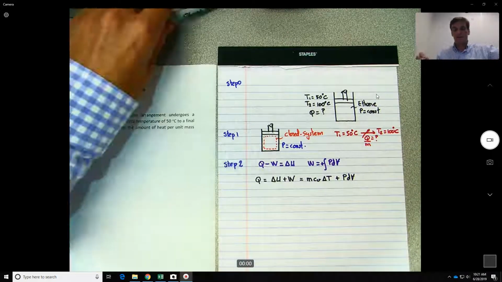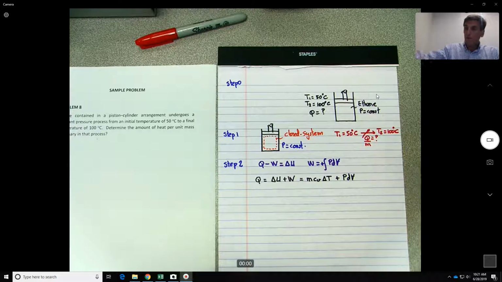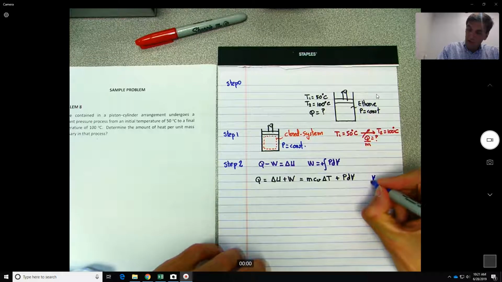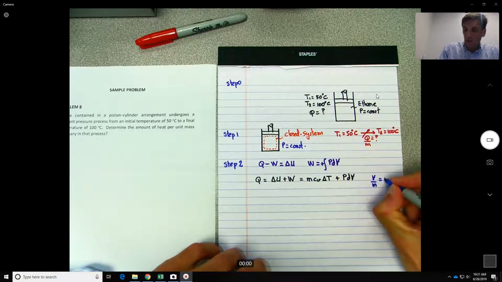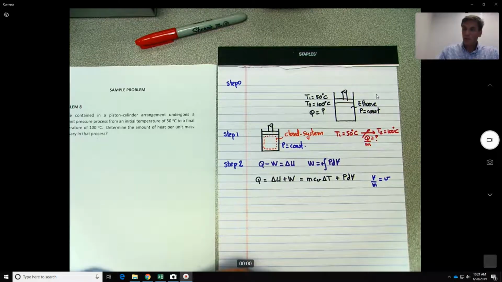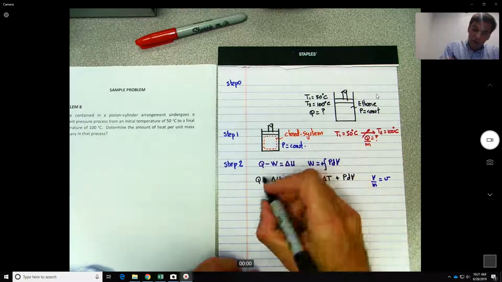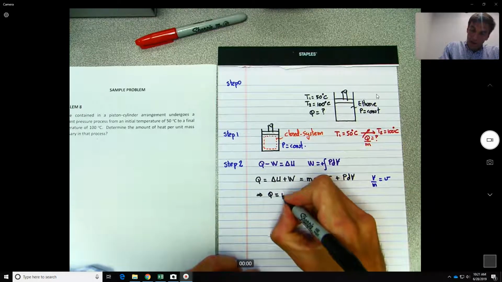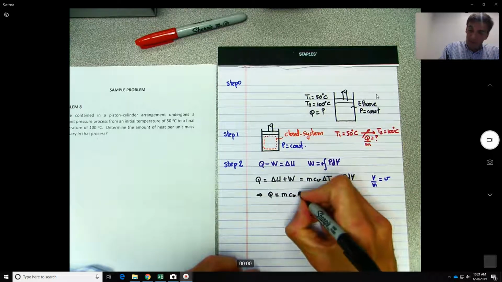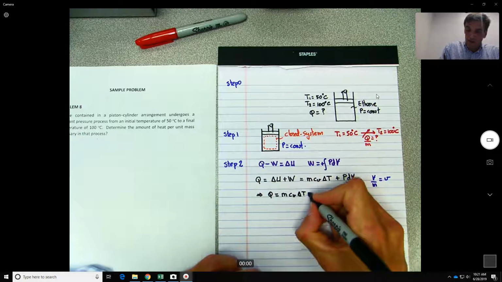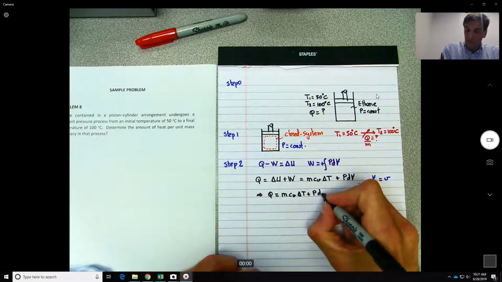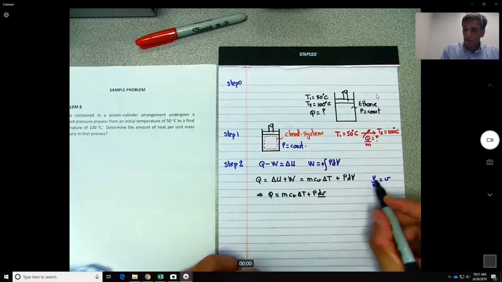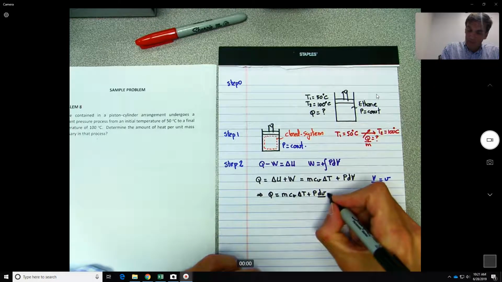So basically we use the definitions for specific volume. We can rewrite this equation as Q equal to m Cv delta T plus P dV, so V will be times m.